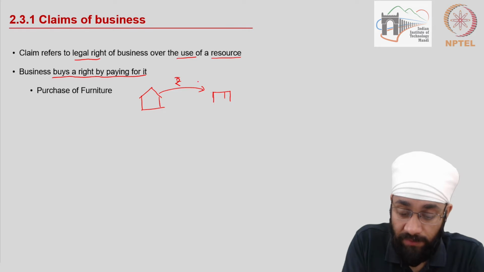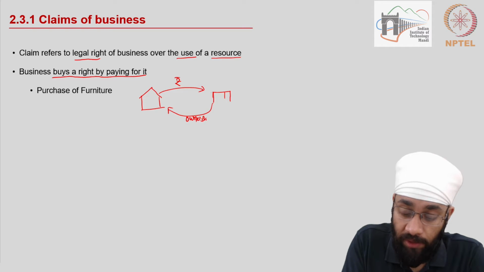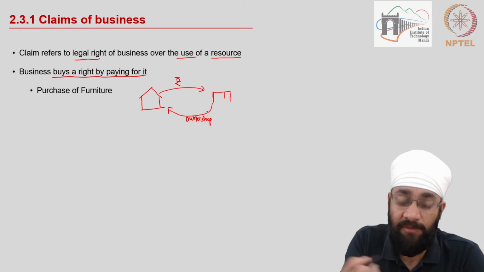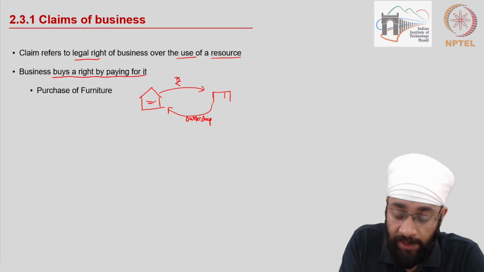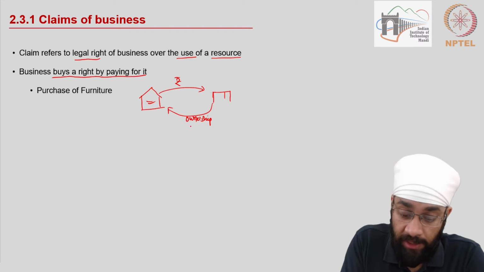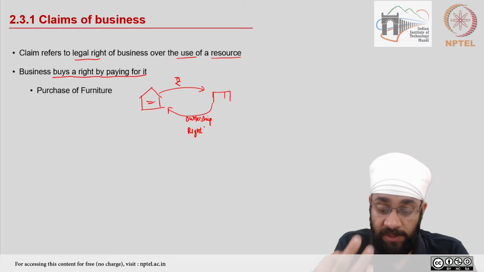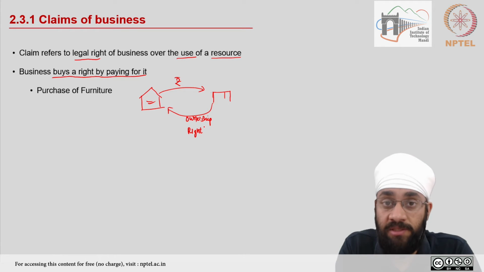So you pay money for it, and in return, you have the ownership of this asset, anything that you want to buy. So what this ownership gives you really is a right to place this piece of furniture in your premises.